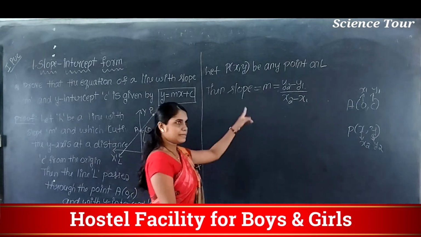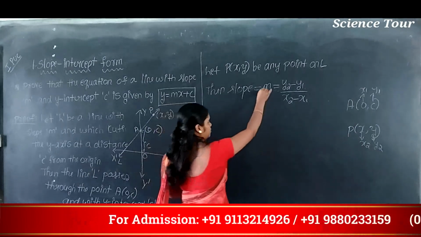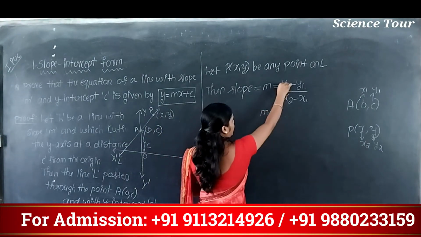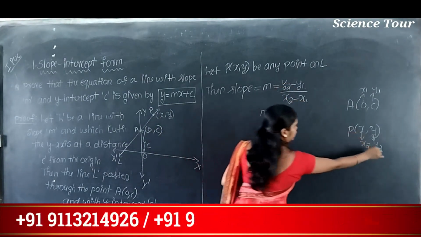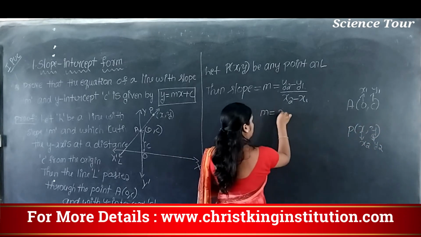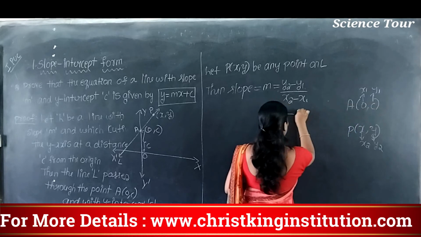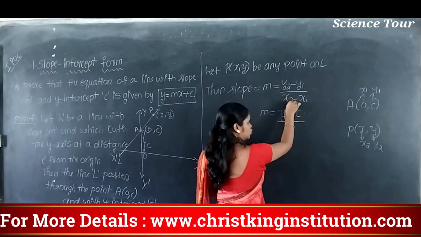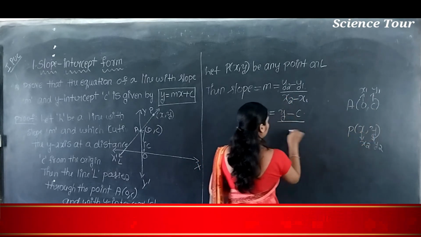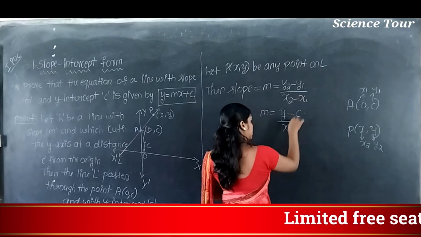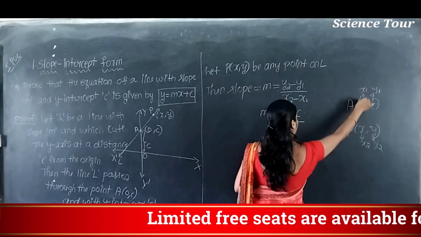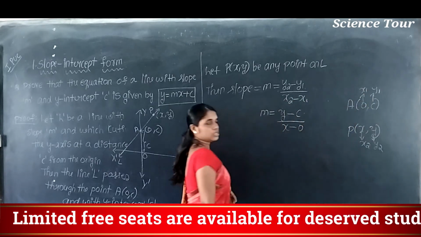We'll substitute now. So m is equal to y2. What is the value of y2 here? y2 is nothing but y. Minus y1. y1 is equal to how much? c. x2. What is the value of x2? x2 is equal to x. Minus x1. x1 is equal to how much? 0.